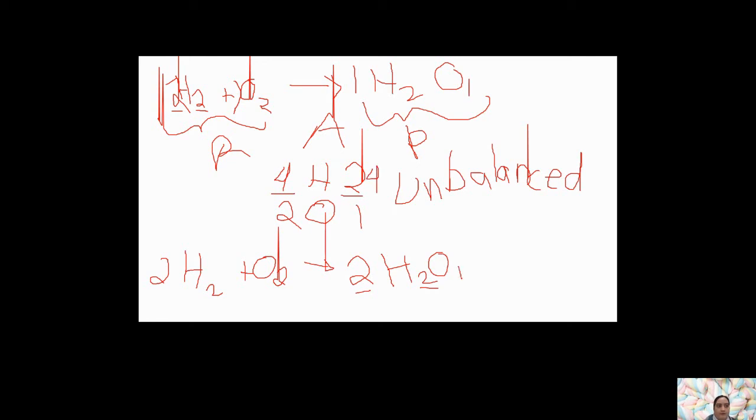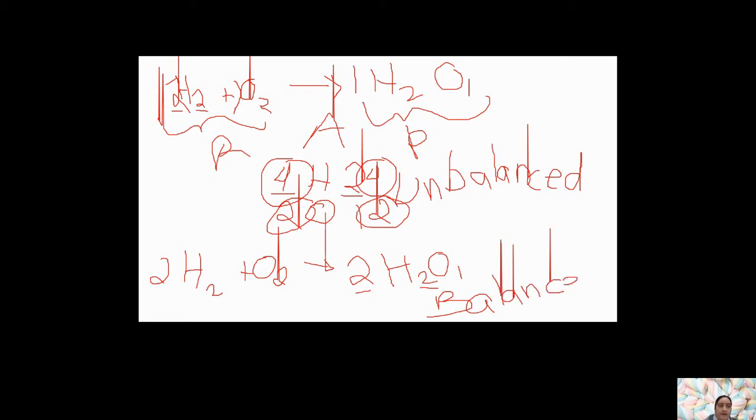And for oxygen, 1 times 2 is 2. So now this is the same as the reactants, and this is the same as the reactants. So now this equation is balanced. That means this one can happen. We can do this because we're not creating or destroying any atoms. It is a balanced equation.